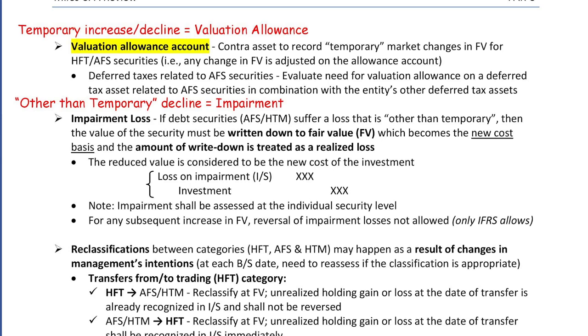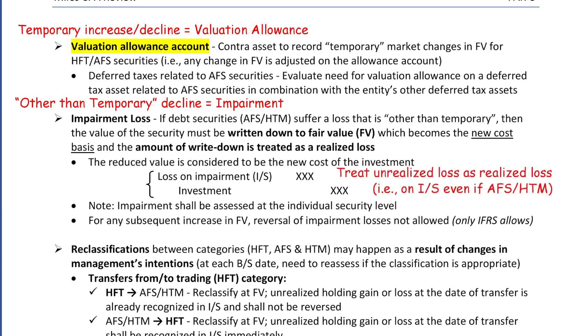So guys, basically, if there's an impairment loss on securities which the investor continues to hold, technically, though it's an unrealized loss, it's accounted for as if it's a realized loss. So if you look at the loss on impairment on the journal entry, that goes into the income statement. Make a note there, right? Treat unrealized loss as realized loss. That means on the income statement, even if available for sale or held to maturity.